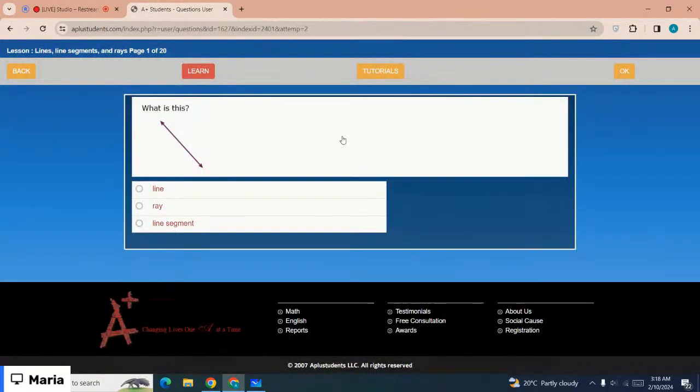What is this? Line, ray, line segment, which is the correct option? Line it is, right? The correct option is line because it never ends.